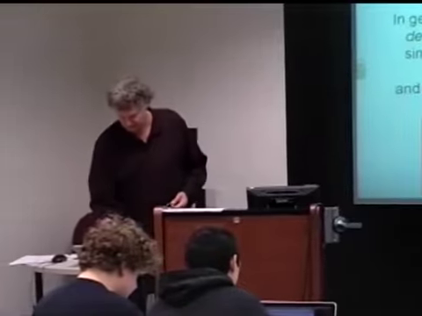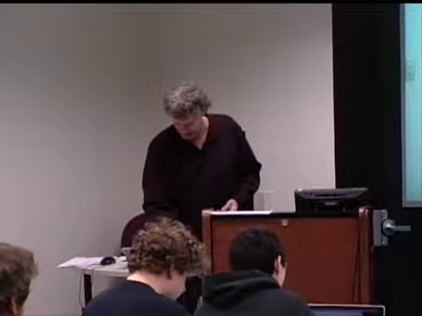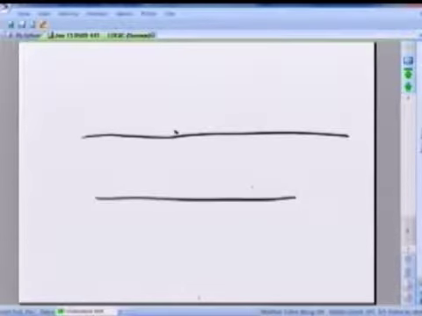It comes down to this. Take any line on the plane, any line at all. Take any point that's off that line but still on the same plane. Given those two things, there is one and only one line that can be drawn through that point in that plane parallel to that line.